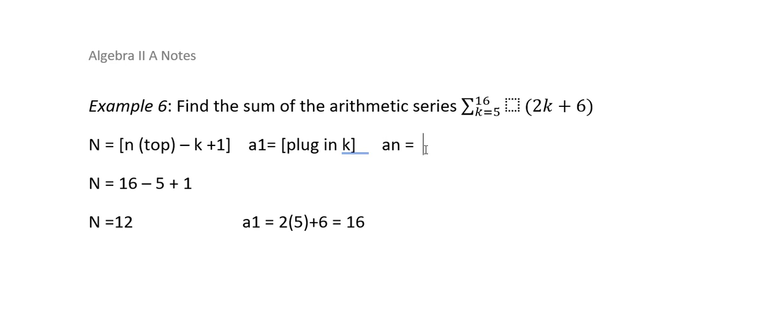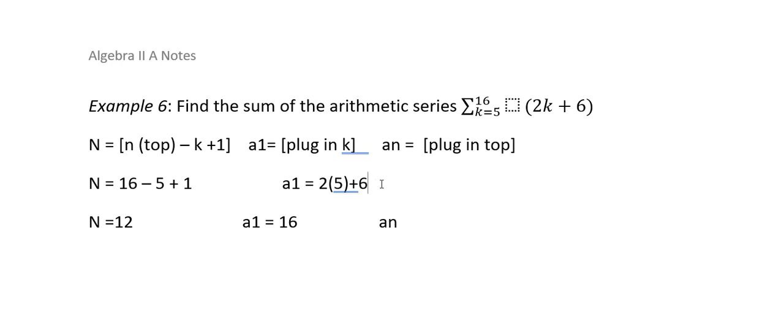A sub n is when you plug in the top. We'll call it the top because it's not truly n. Okay, so a sub n happens to be, I want to make this clearly just 16.